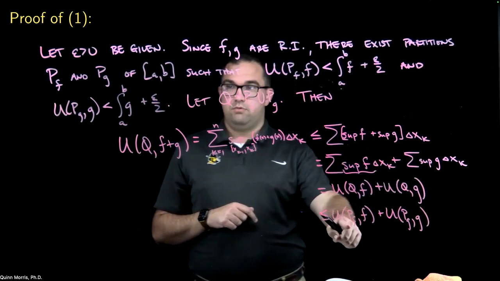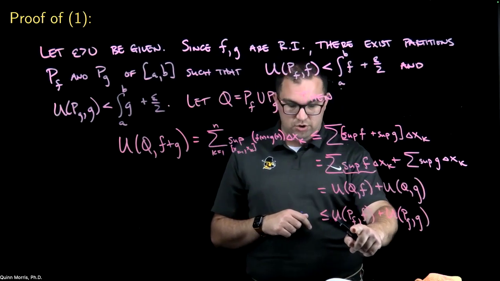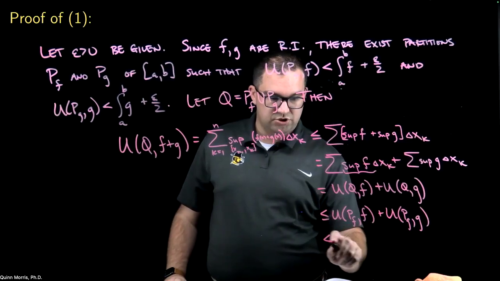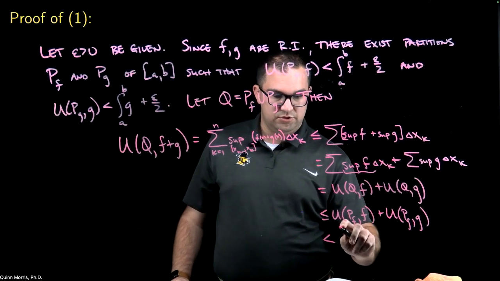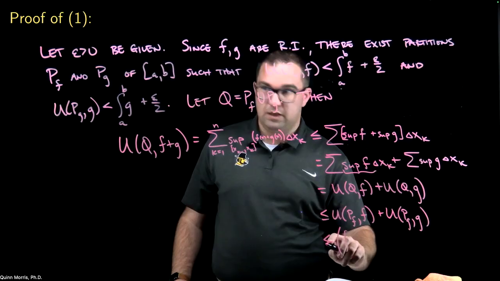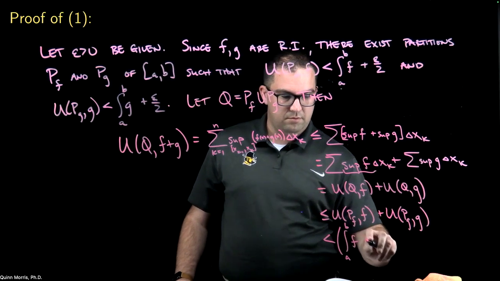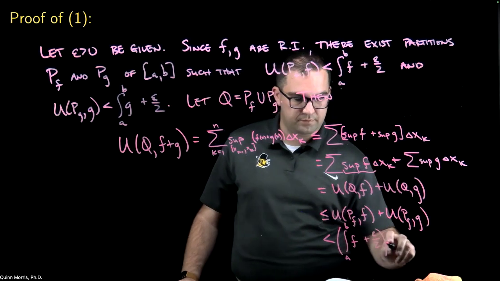Great. Now, I know something about these. I chose these in a very particular way. Okay. So I chose this so that this was strictly less than the integral from a to b of f plus epsilon over 2.